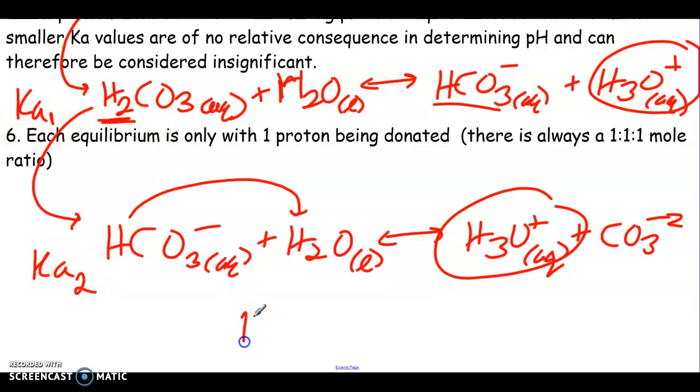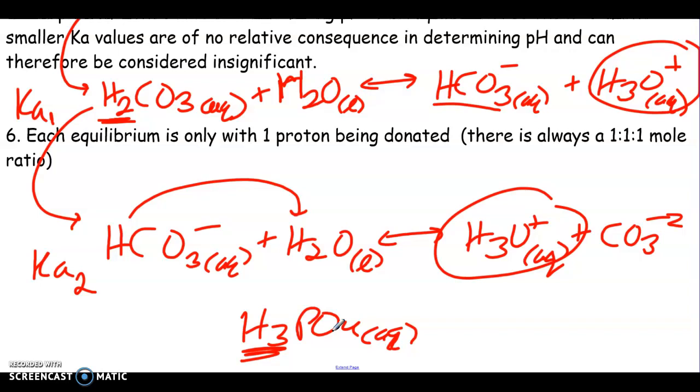Let's say you have an example of phosphoric acid. This weak acid has 3 hydrogens that it will actually lose, so it has a Ka1, a Ka2, and a Ka3. But again, we only ever consider the Ka1, which is the first hydrogen to leave, because it becomes much weaker as those processes continue.